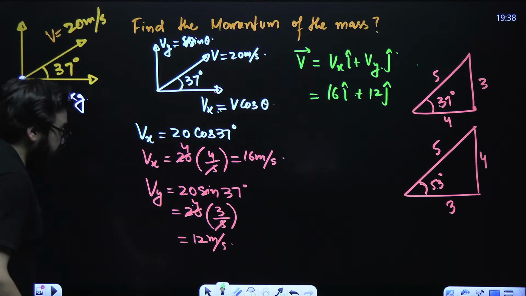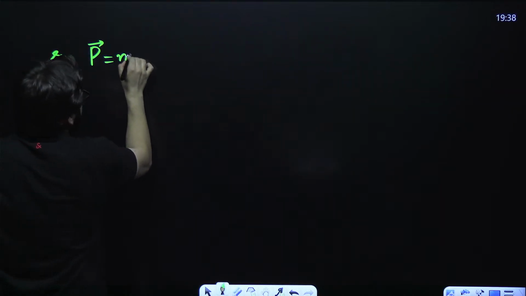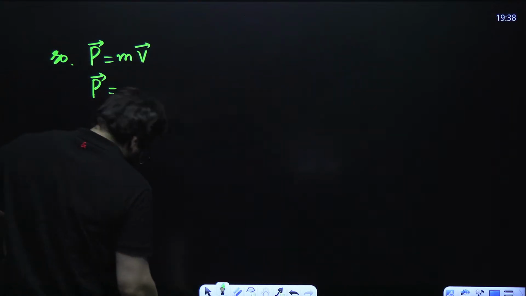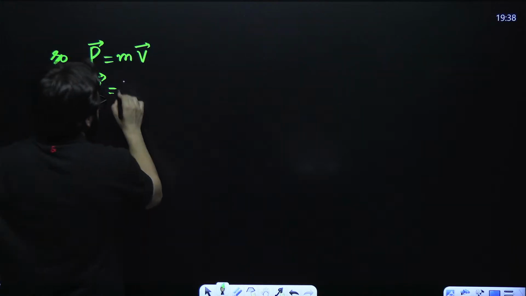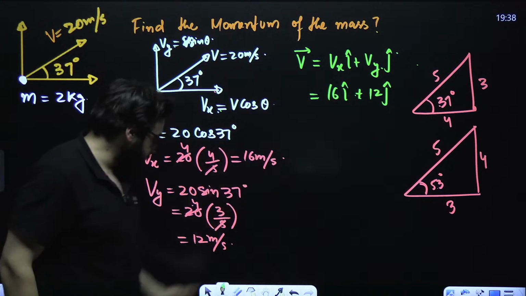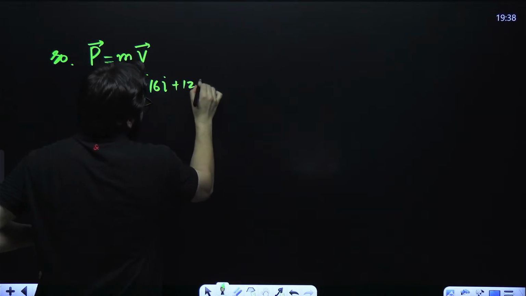So, can I write over here? Now, momentum is equal to mass into velocity. Momentum is equal to, what is the value of mass? 2 kg, so I'll write over here 2. What is the value of velocity? 16i plus 12j cap.